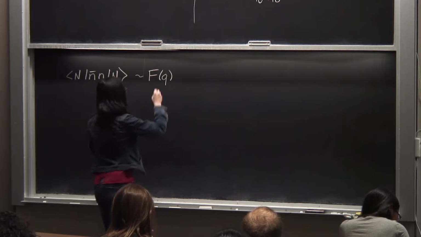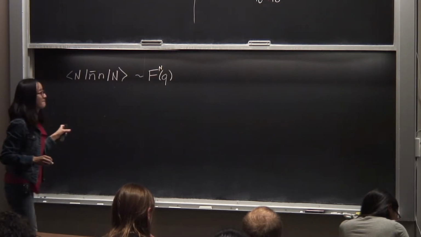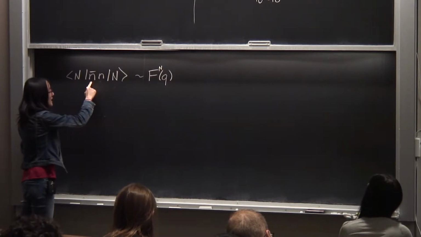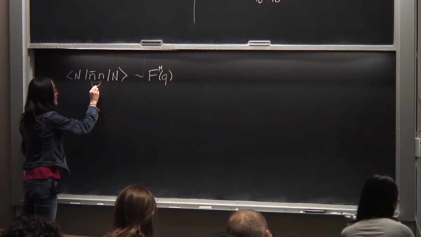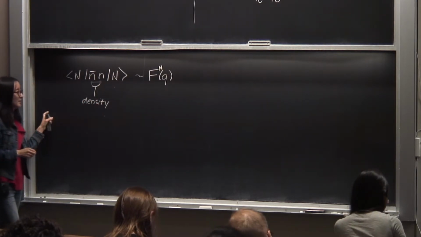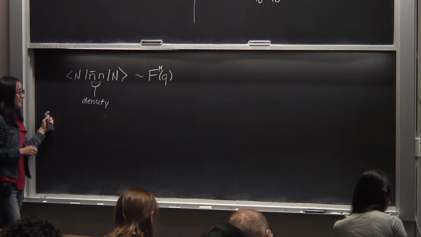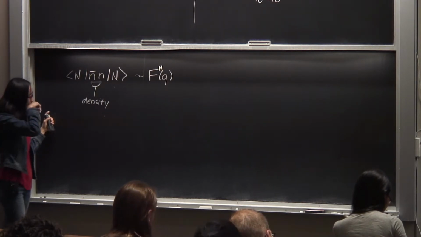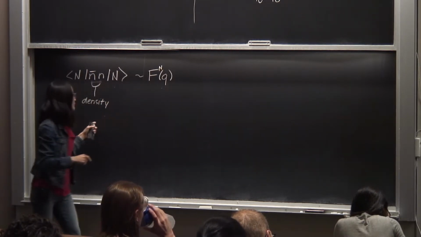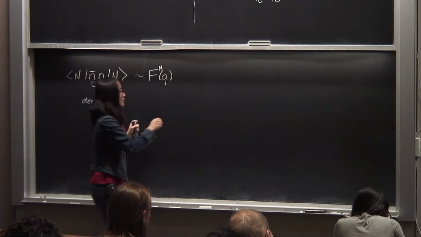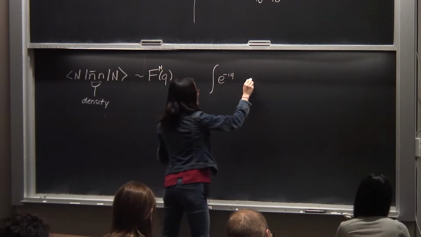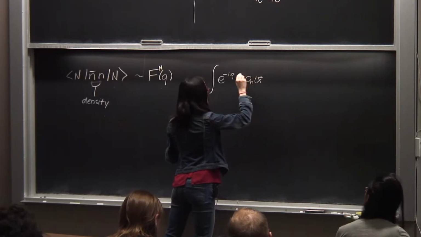So this is a different one. I'll put N. And it's helpful to remember that the n bar n operator corresponds to the nucleon density. So a common approximation for this form factor is to just take essentially the Fourier transform of the density inside your nucleus with whatever model you have.